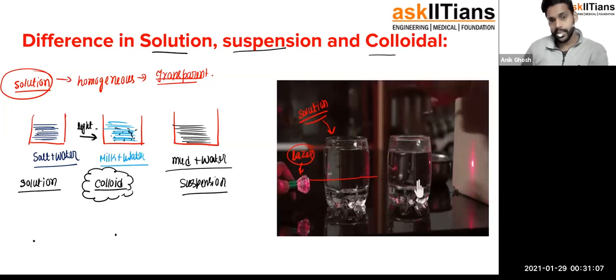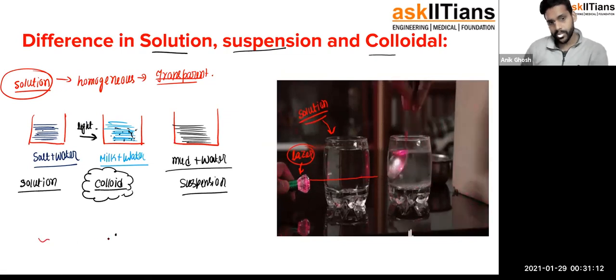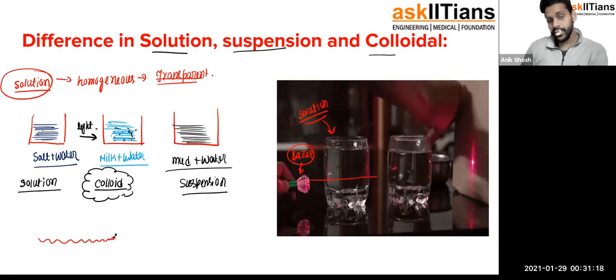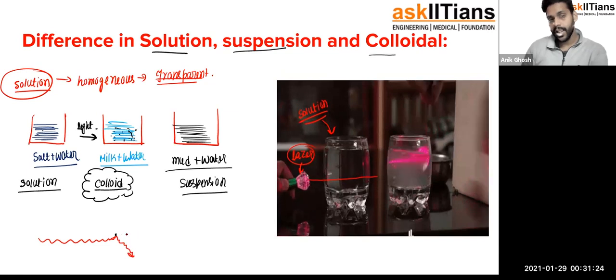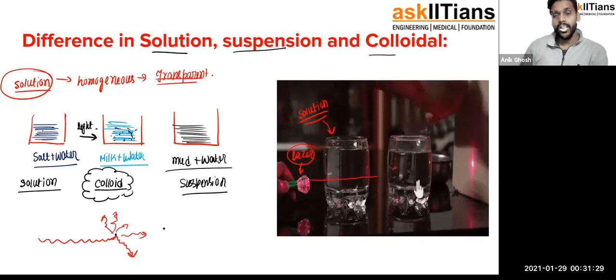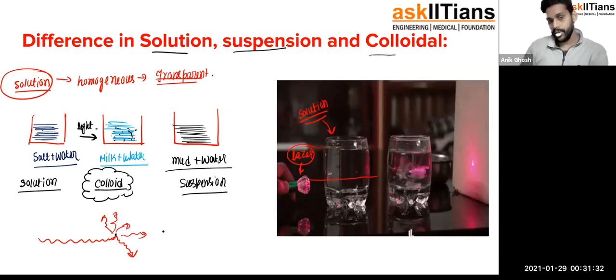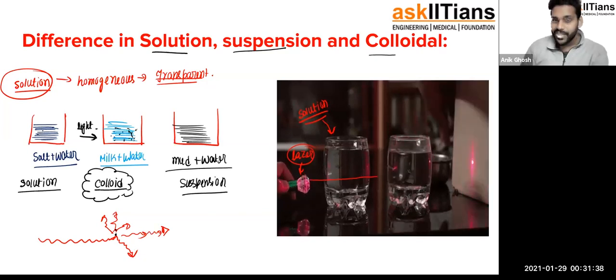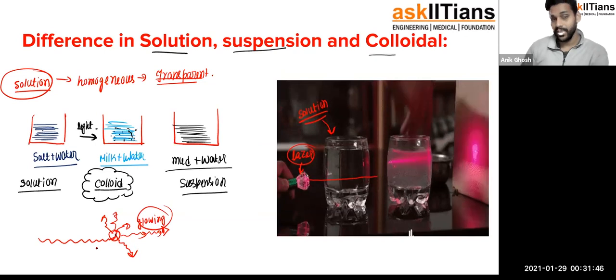If this is a particle, and a red light is coming to it, and this particle is big enough, then if it comes in the way of this red light, this red light can hit it and get scattered in all directions. Possibilities are there, right? So if you are watching from here, and this light falls onto your eyes, then you start seeing the entire thing glowing, isn't it? You'd be able to see that.